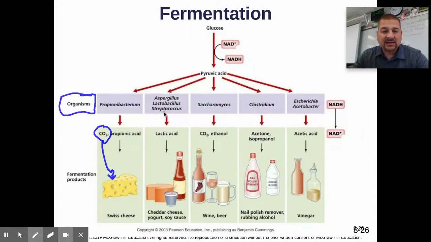There are different bacteria here making lactic acid, our cheddar cheese, yogurt, soy sauce. Soy sauce is actually fermented. Here's our ethanol, our alcoholic beverages, the wines, beers, those kinds of things. There are other types of fermentations, isopropanol, which would be like rubbing alcohol, acetone, nail polish remover, acetic acid fermentation, how we get the vinegar. These are all different subtypes of fermentation.